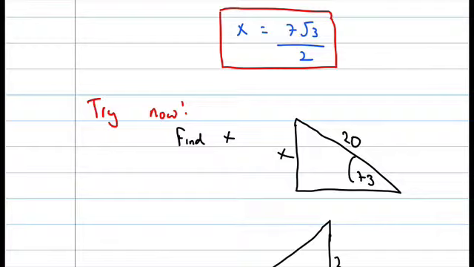This one is a little bit trickier. Well, it's not really, it's a little bit different. Tan 45 is 1. Just 1, even.